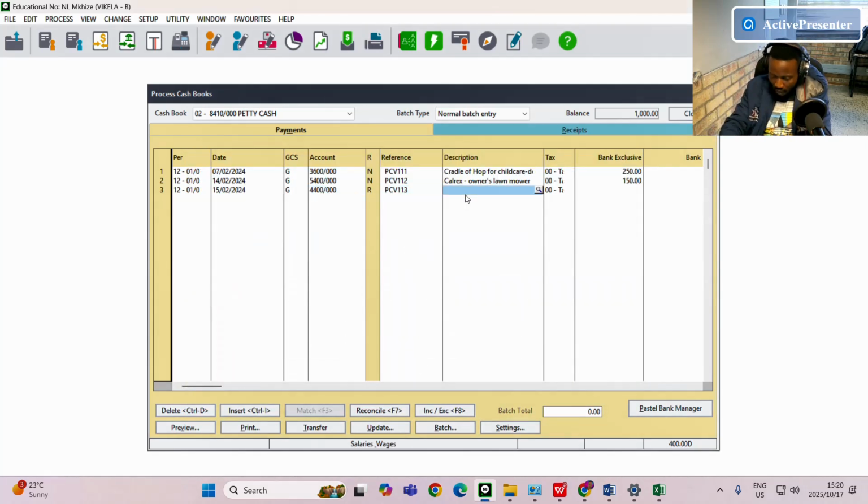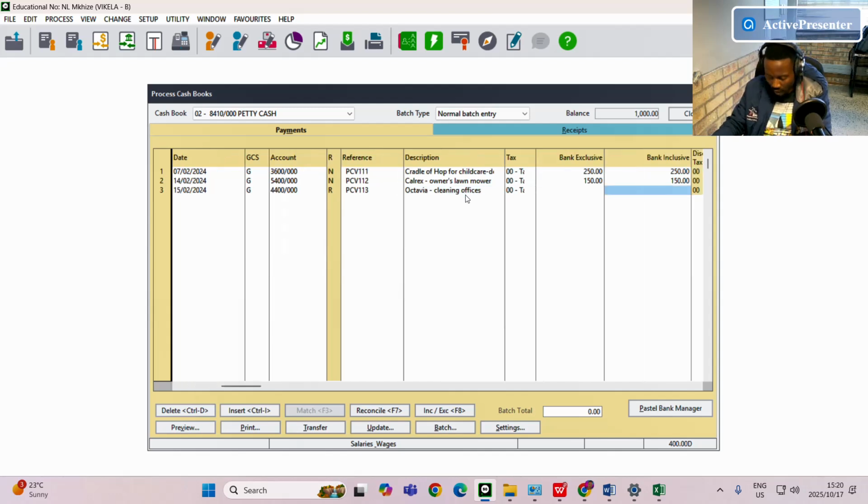Then I'm going to write Octavia, and then it's going to be cleaning offices. So Octavia got a piece job. So there's no VAT involved when it comes to salaries and wages.